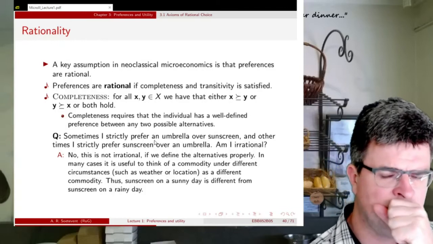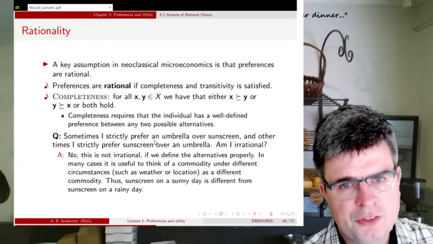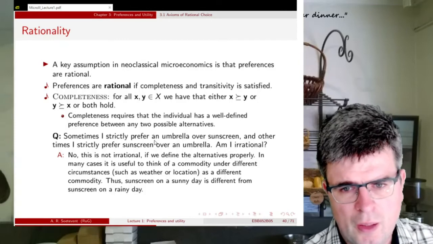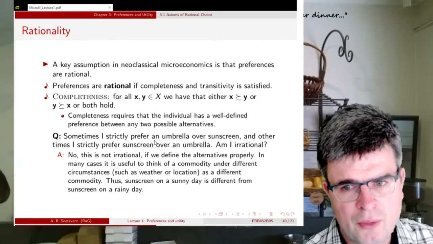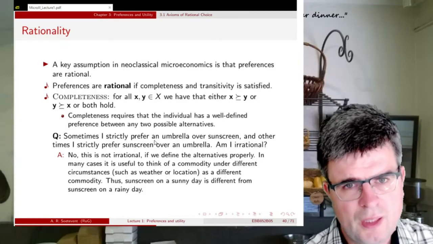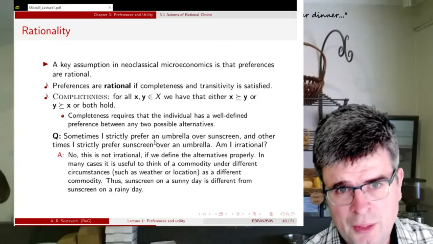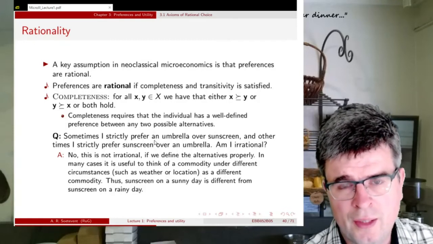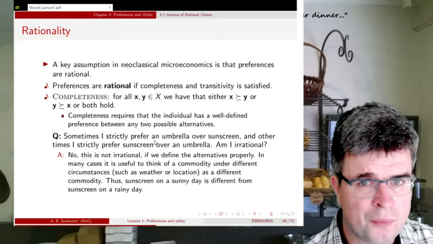So in many cases, you are helped by thinking of a commodity under different circumstances, like sunscreen on a sunny day is a different good than sunscreen on a rainy day.